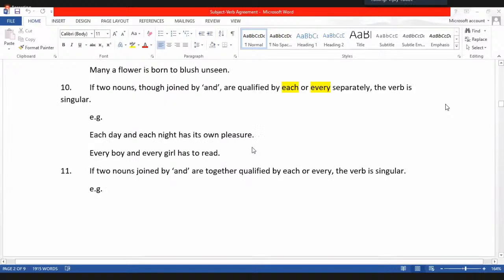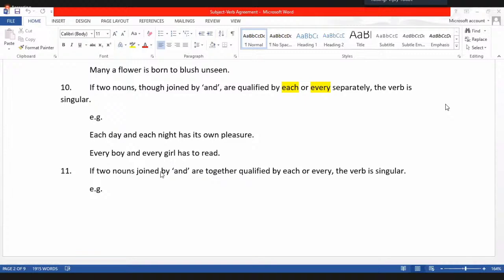Not done? Okay, see. In number 10, day and night are both joined by and, day also qualified by each, night also qualified by each separately. In this case, we use a singular verb. So here, has. Then every boy and every girl has to read.